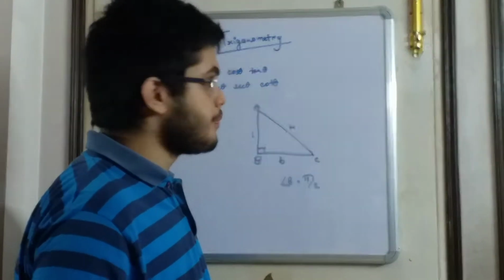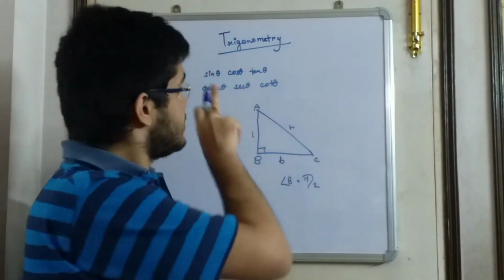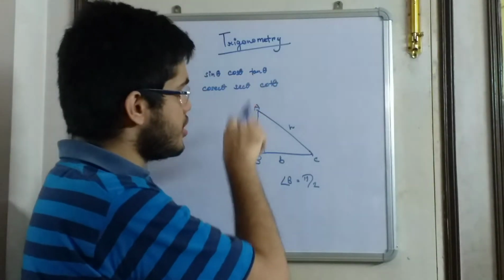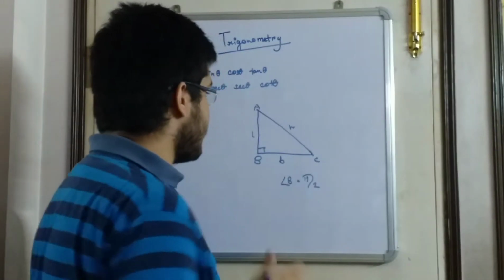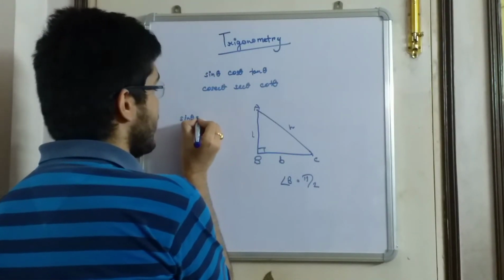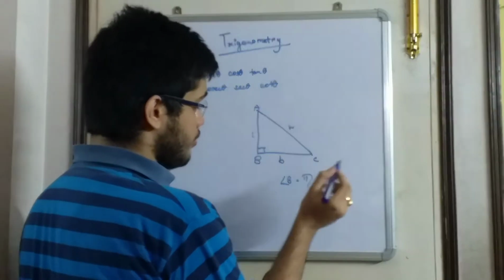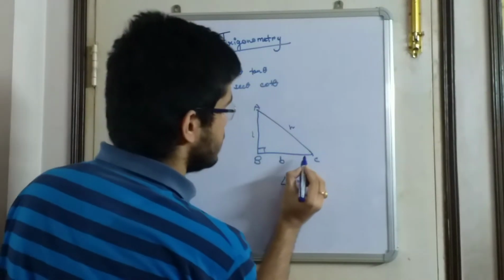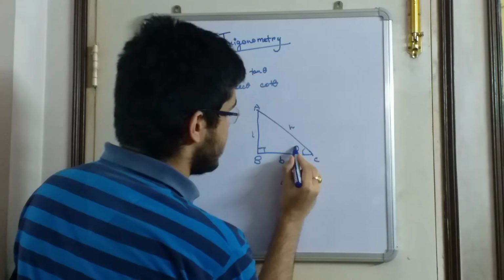So now let's define the 6 trigonometric functions on the basis of this triangle. So sine theta is defined as, and now which one will be considered theta? Let's consider angle C as theta.